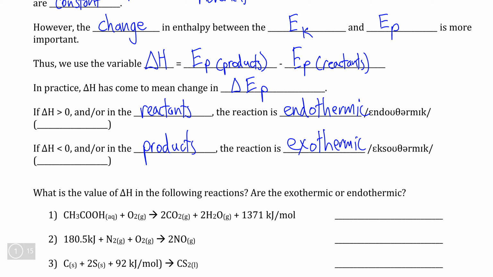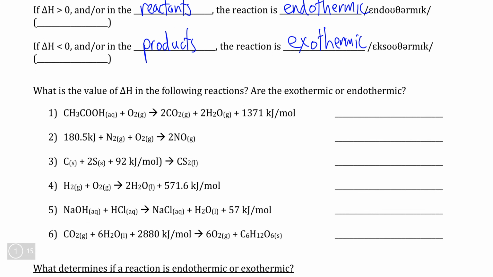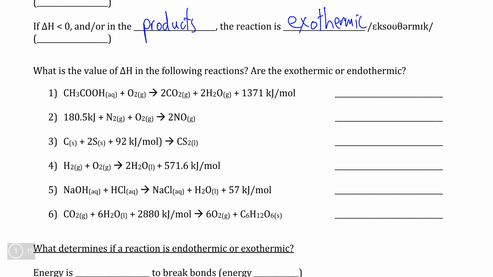The etymological roots, the actual meaning of these words, will be explored in more detail when we actually look at a few chemical equations. So here, if we take a look at these chemical equations, we can actually see that these equations have energy terms in kilojoules listed in either the products or the reactants.